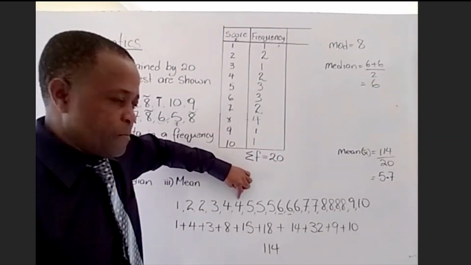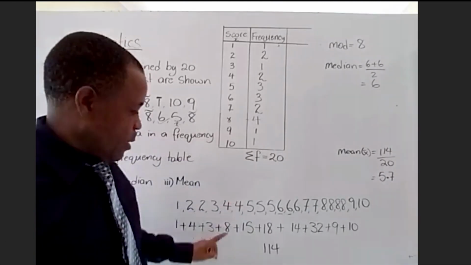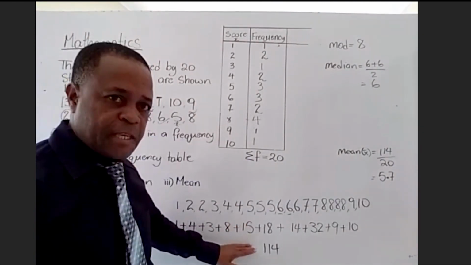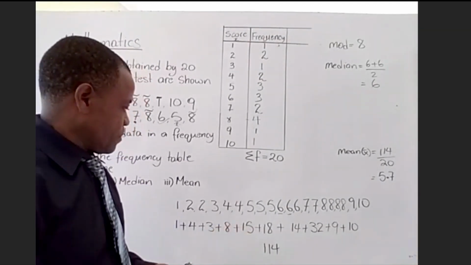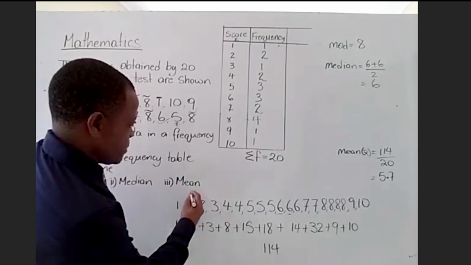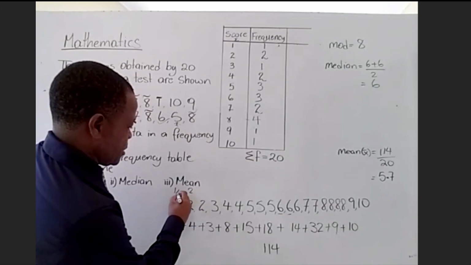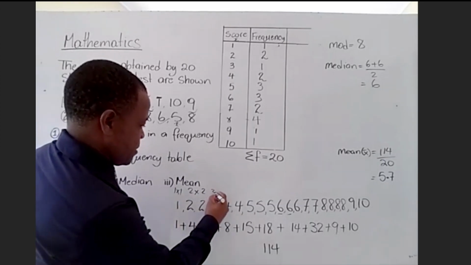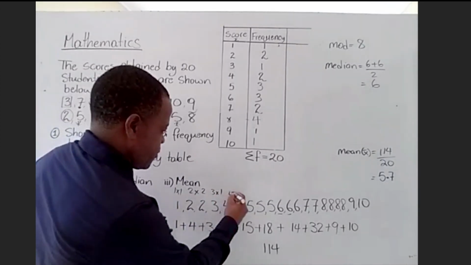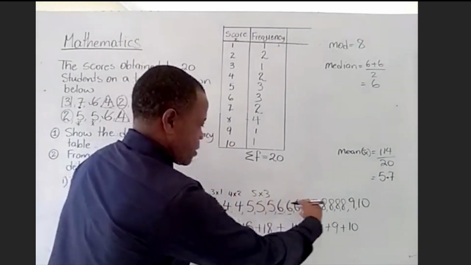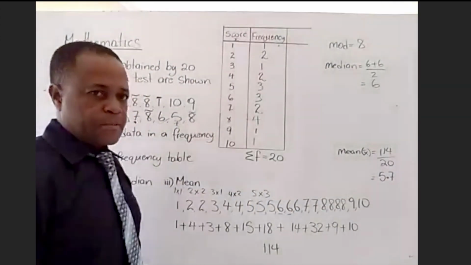If I multiply 4 by 2, because there are 2 of them, I will get 8. 5 times 3 will give me 15. So I could put at the top there 1 multiplied by 1, 2 multiplied by 2, 3 multiplied by 1, 4 multiplied by 2, 5 multiplied by 3, and it goes on like that.